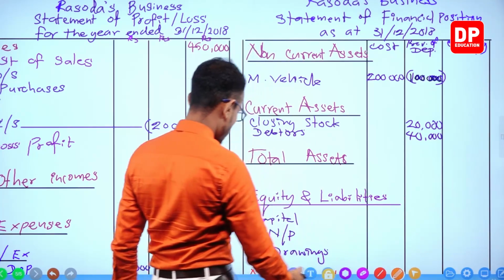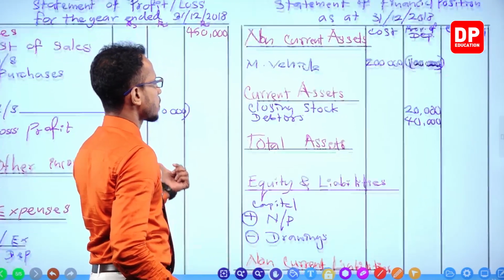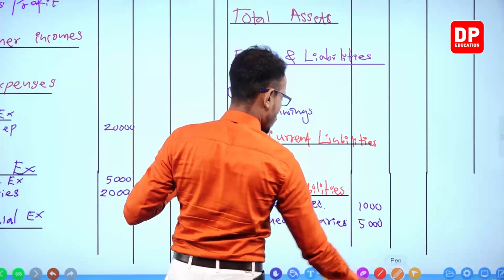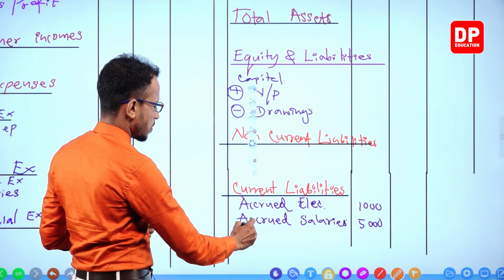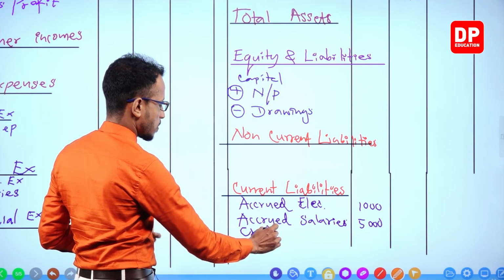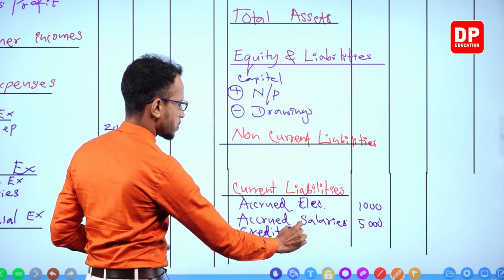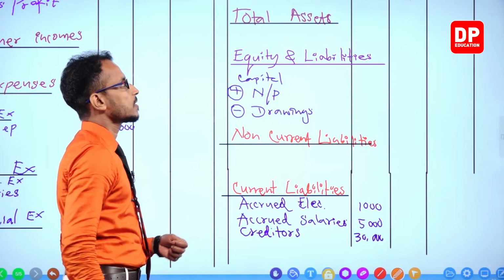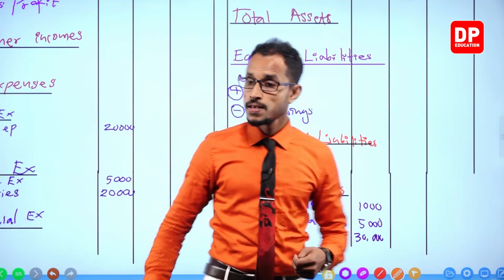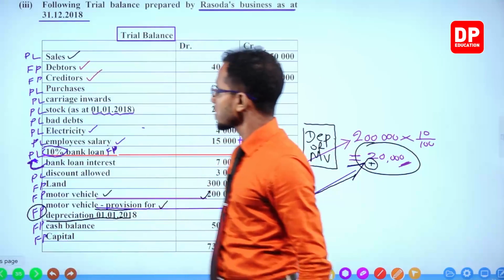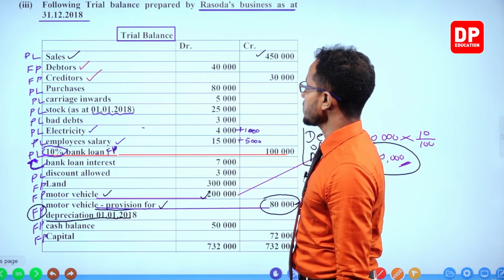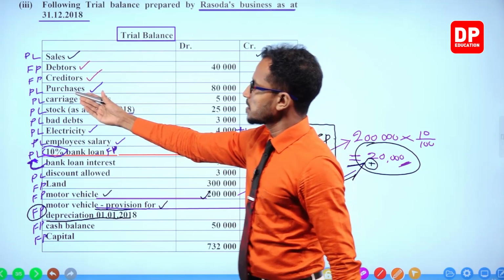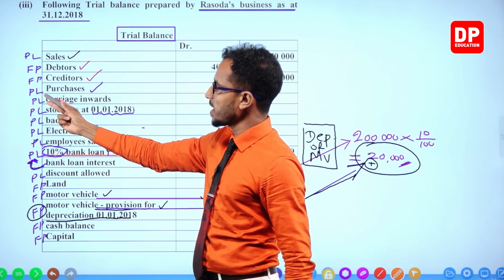Creditors should be under current liabilities, 30,000. Done. Tick them, ticked.